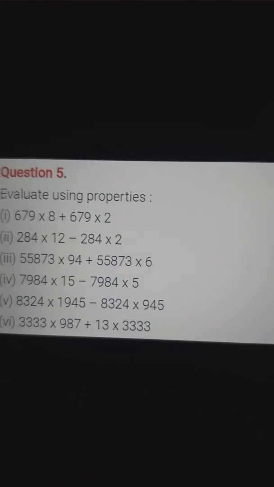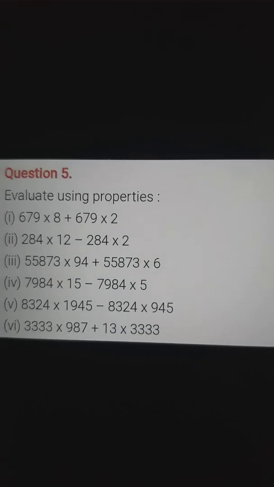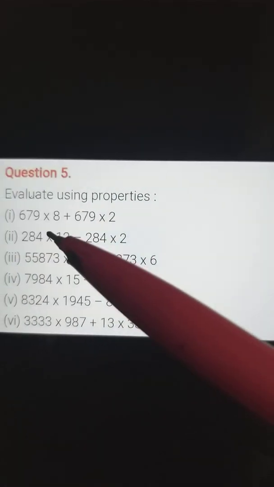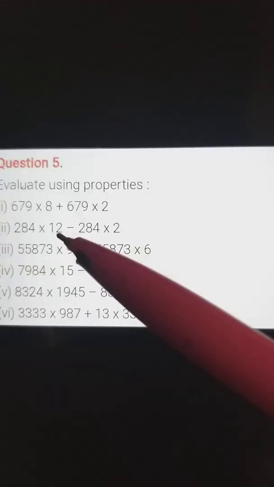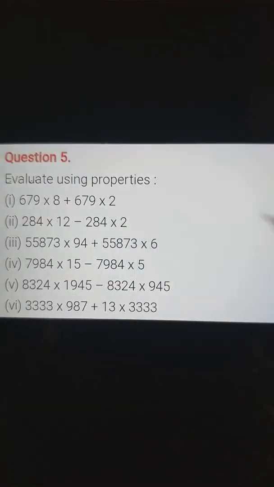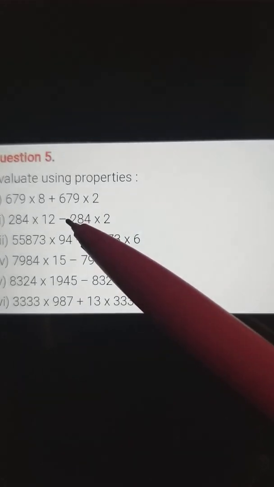The next one we'll try. Now the next is 284 multiplied by 12 minus 284 multiplied by 2. Yes, the number in common, that is 284. Be very careful about the sign given over here, that is the minus sign. So I write the question: 284 multiplied by 12 minus 284 multiplied by 2.